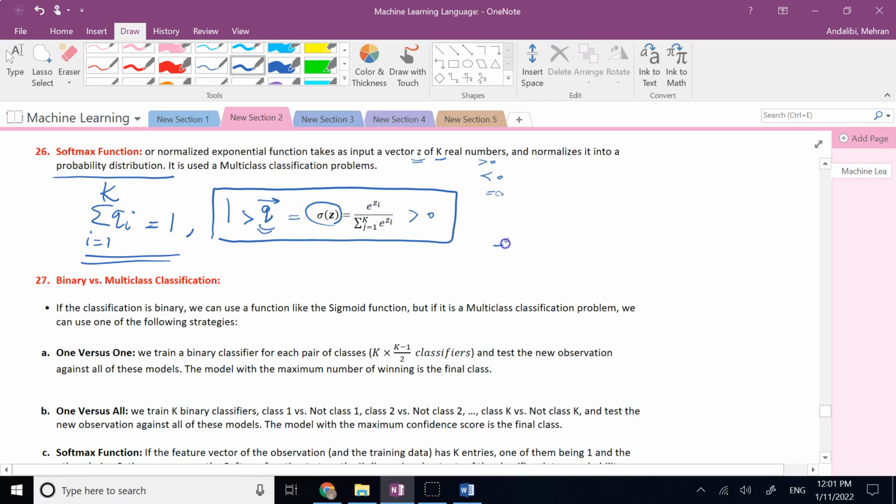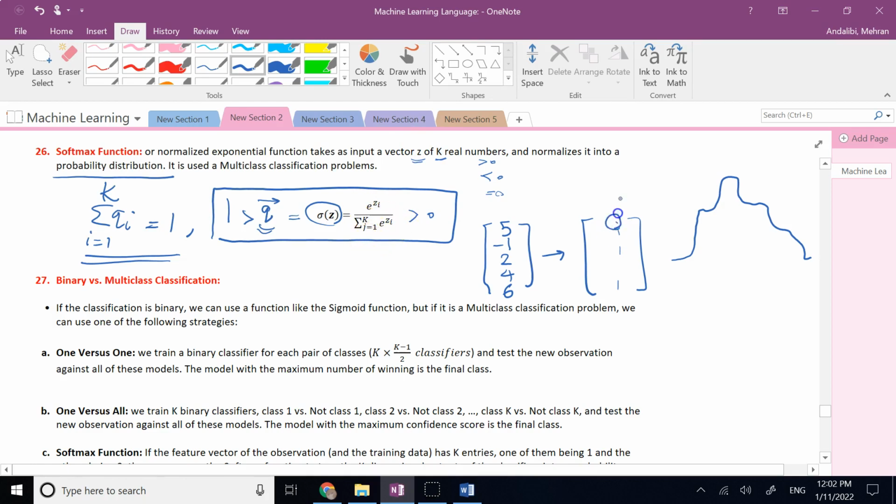It can convert, for example, -1, 2, 4, 6, and 5 into a bunch of decimals where the sum of these decimals is 1 and they are all between 0 and 1. So it converts these numbers, as I said, into what? A probability distribution function or something. How does it do it? It raises the Euler number to the power of each and every one of the components in z and divides by the summation of all these exponentials, right?